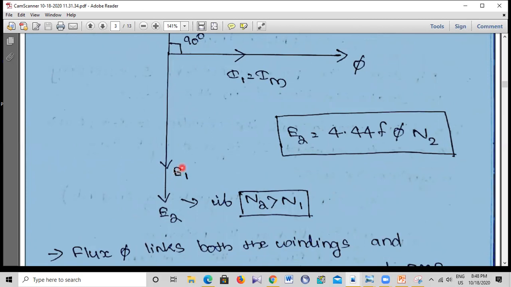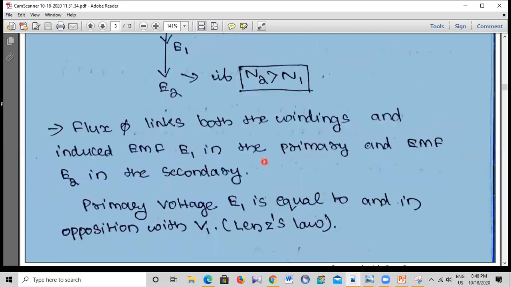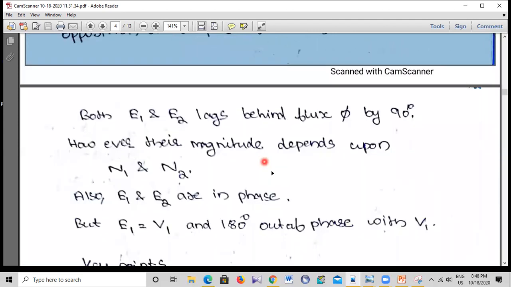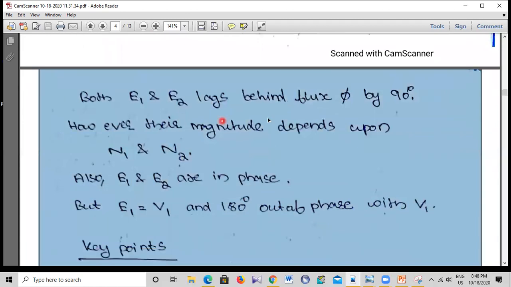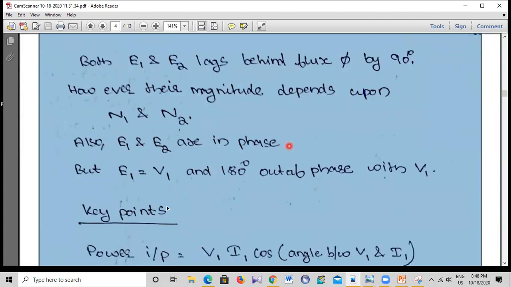And E2 will be there, and based on the number of turns, either E2 will be more or E1 will be more. Okay. Then both E1 and E2 lag behind the flux phi by 90 degrees. Already I showed in the phasor diagram. However, their magnitude depends upon N1 and N2. That's what I explained now. Also, E1 and E2 are in phase, but E1 is equal to V1 and 180 degrees out of phase with V1.